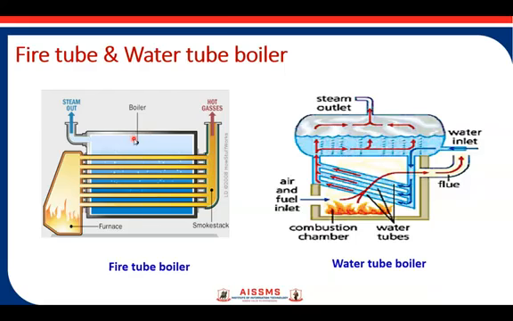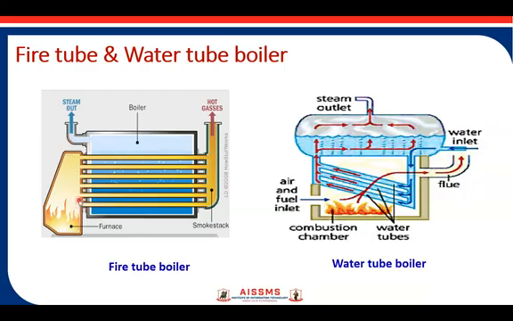Next, we have the boiler wherein hot water is there. Then these tubes are there for circulation of hot gases, and here we have the outlet for the hot gases, and at the top end of the boiler is the steam outlet.